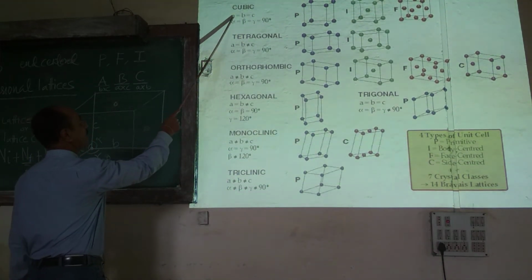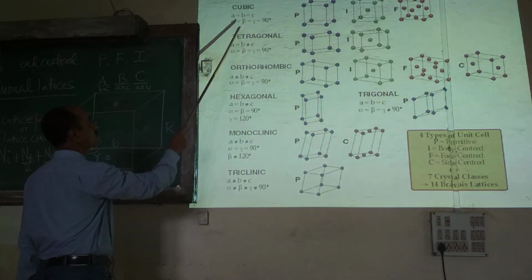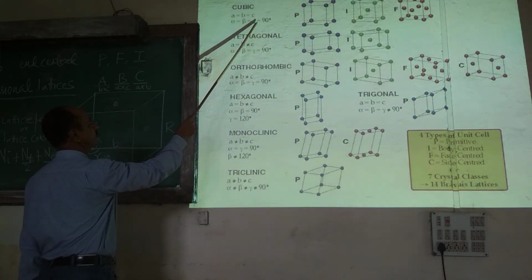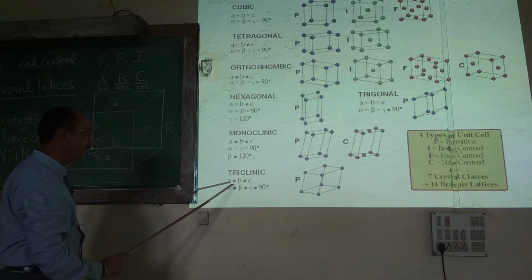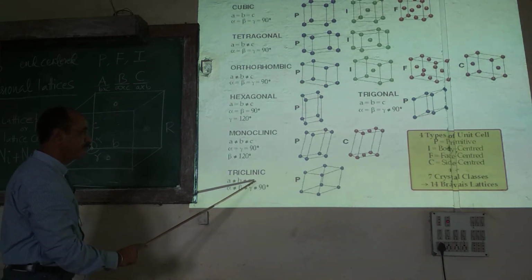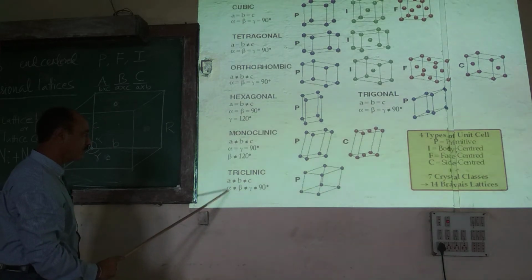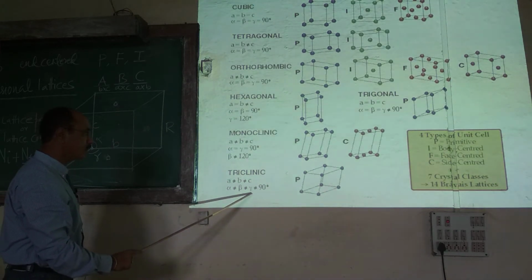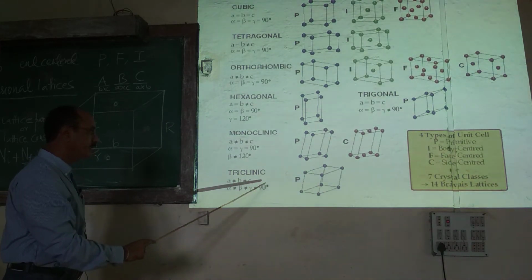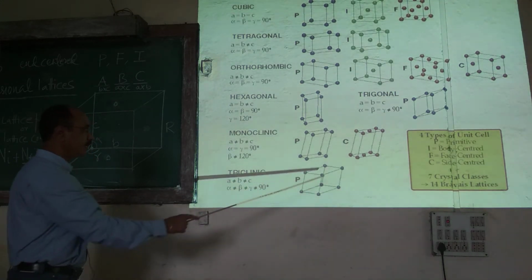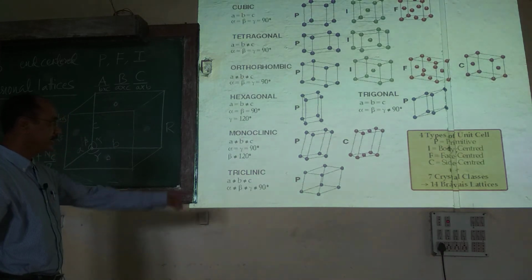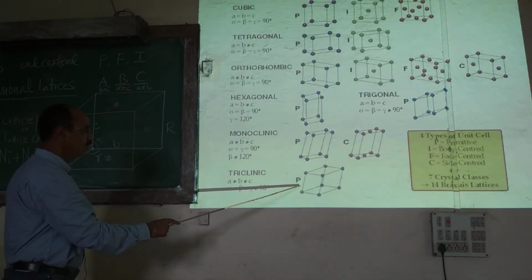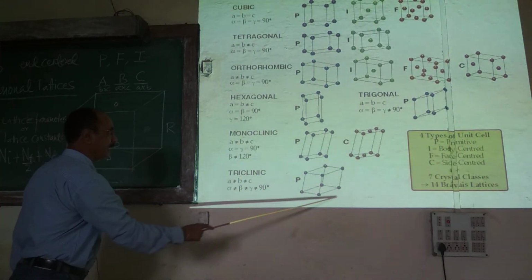Simple cubic, A is equal to B is equal to C, alpha is equal to beta is equal to gamma is equal to 90, whereas in case of triclinic, A is not equal to B, B is not equal to C, alpha is not equal to beta, beta is not equal to gamma is not equal to 90. So it has got only one Bravais lattice, that is simple triclinic.